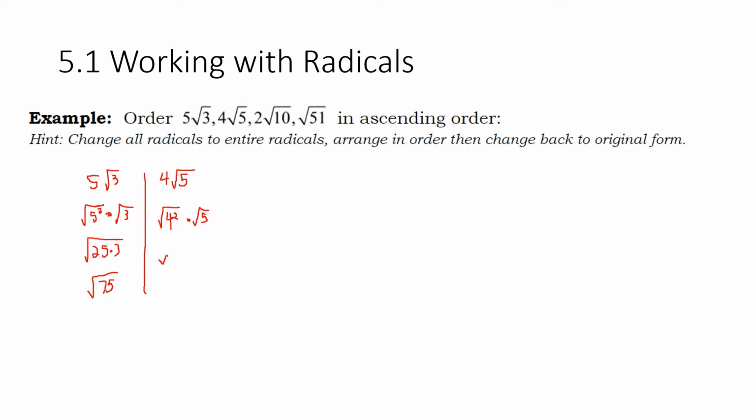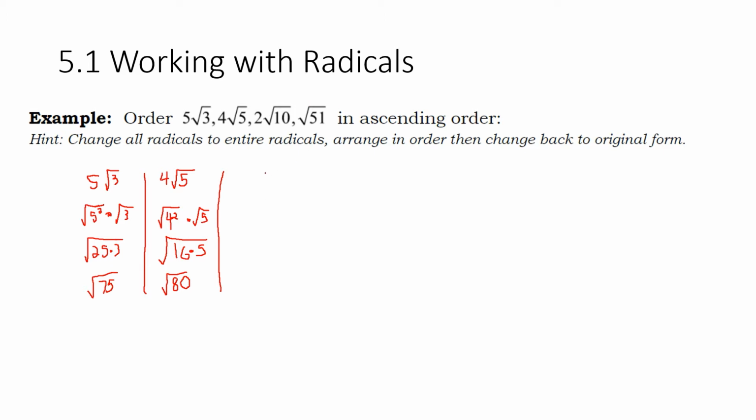We'll put it under one big root: 16 times 5, and 16 times 5 is 80. So 5 root 3 is a smidge smaller than 4 root 5. They're comparable now. It's a lot easier to determine which one's bigger and which one's smaller now that they're both entire radicals. Let's have a look at the other two and we can compare them all.